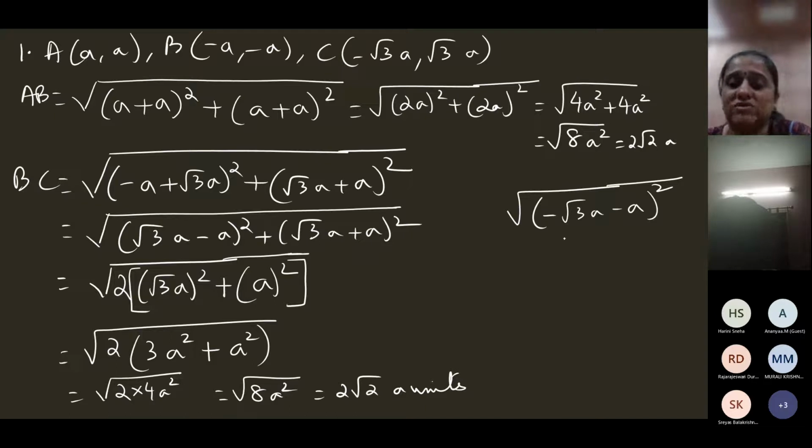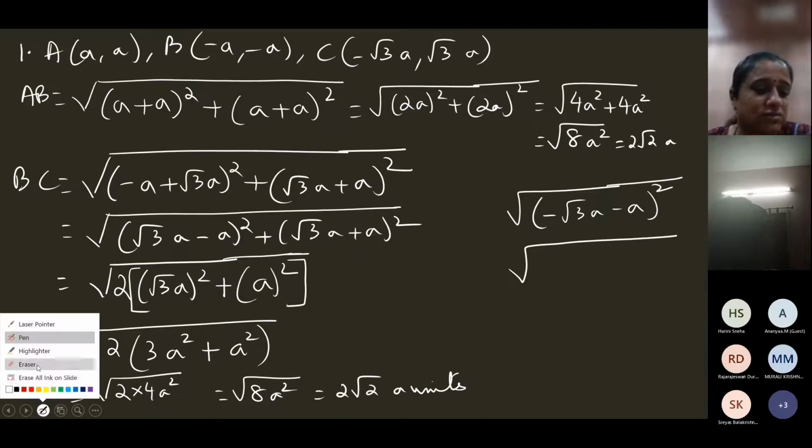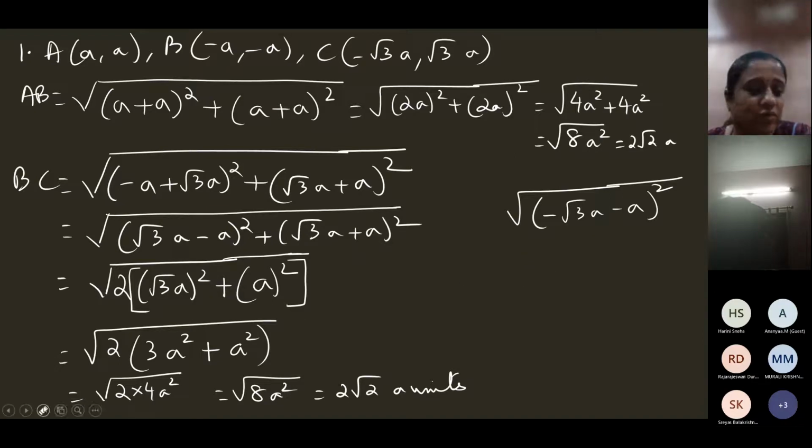Now, supposing you compare this with a plus b, you write it in that form, that's all. You can do all this in your mind. You don't have to actually show it, but I'm showing it to you. When you compare this with a plus b the whole square, what is a? A is minus root 3a. And what is b?